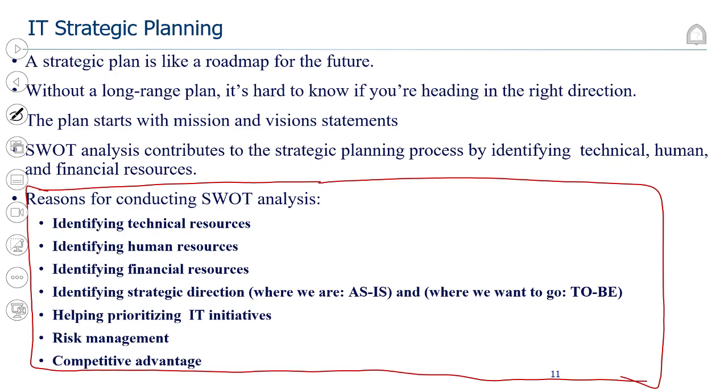When you talk about IT strategy, we are talking about how we are going to use IT to support business strategy. The business guys will tell us what they want to do.